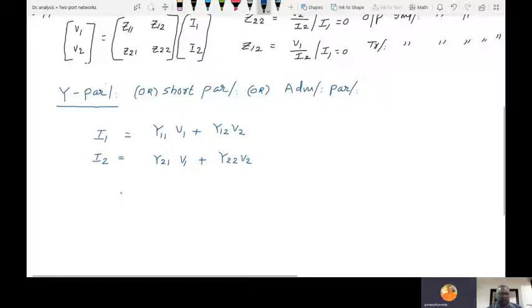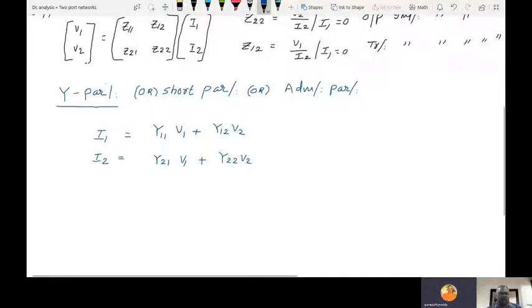What is Y11 named as? I am not writing again. Y11 is input admittance when output is short, V2 equal to 0. And Y21 is transfer admittance when output is short. And what is Y22? Output admittance when input is short. What is Y12?